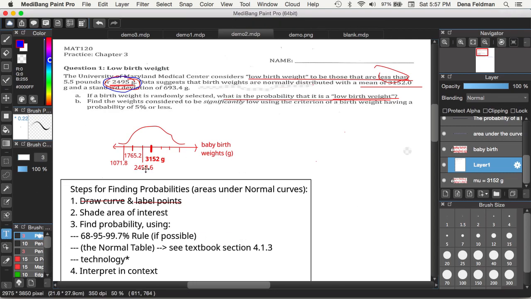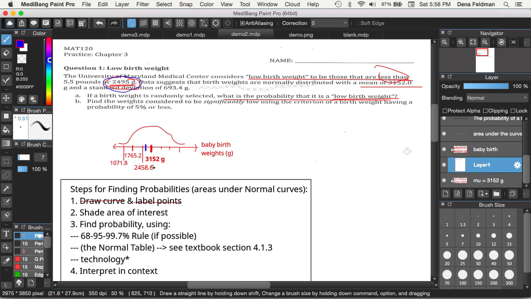What would we expect to have a baby that weighs? It would be somewhere between 2,458.6 grams and 3,100. 2,495 is definitely between 2,458 and 3,152. So I'm interested to know some point that's right around here.